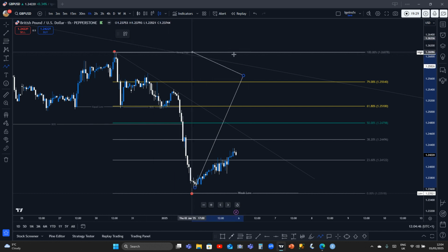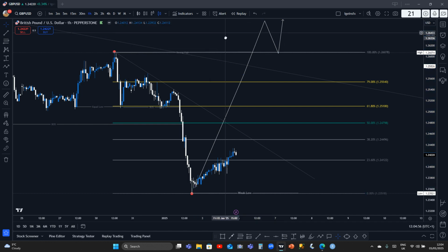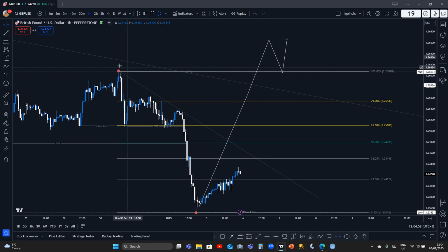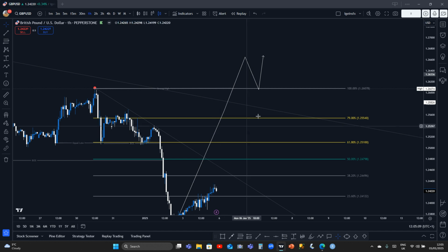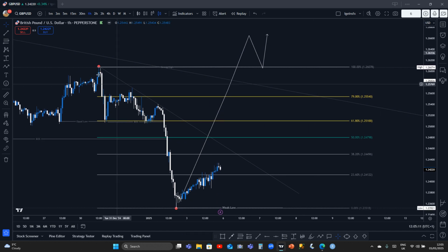Once this strong high is taken, you will then see a retest. We are now bullish. Once this strong high is violated, we say change of character. Once that happens, we are ready to change our directional bias, which means we'll be looking for buying opportunities. But as it stands, we are still bearish. As long as this strong high remains, we are still bearish.